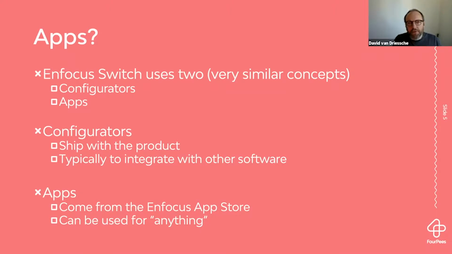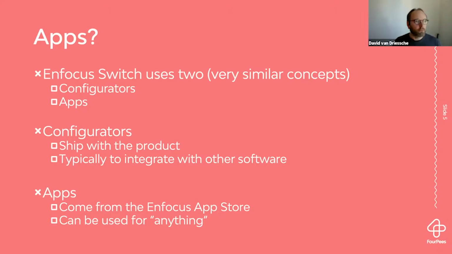In both cases, you can think of this as a small plugin for Enfocus Switch that adds some functionality, but the configurator ships with the product. An app comes from the Enfocus Appstore, and you have to go there and download it and install it on the Switch instance that you're running. The configurator was invented originally to integrate with other software, and that is still what happens today.